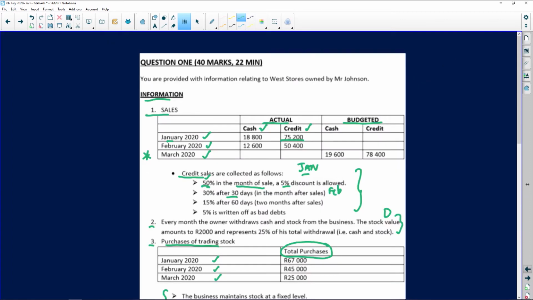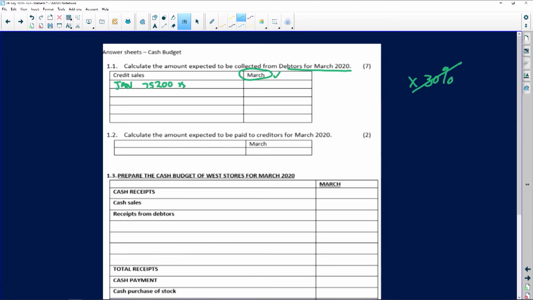Right, then, once again, selling in January, 15% will pay after 60 days, in other words, after 2 months. So 15% will now pay in the month of March, after 2 months. And remember, my cash budget is for March, and obviously I do want the 15%. You guys with me? I'm trying to establish what I will receive in the month of March.